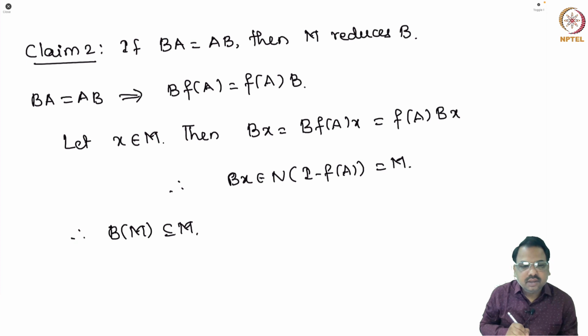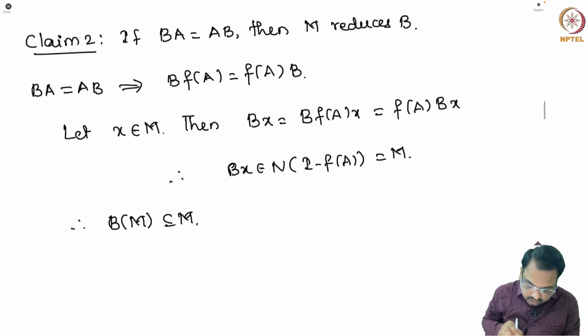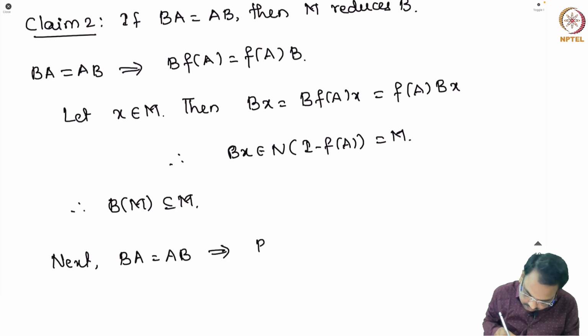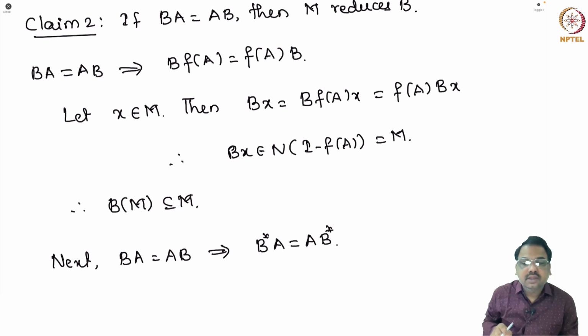Now we want to show that M also is invariant under B star. So now BA equal to AB implies that B star A equal to A B star, because A is self adjoint.